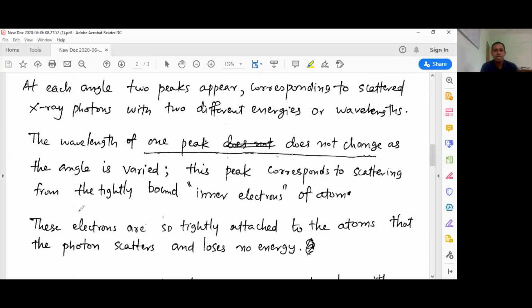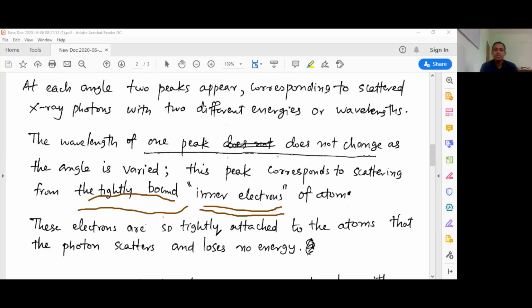These electrons are very tightly bound to the atom. So the first peak, the incident wavelength, corresponds to the scattering of photons by very tightly bound inner electrons of the atom.